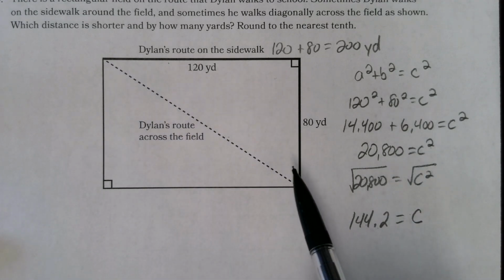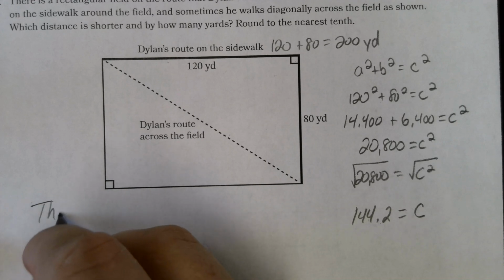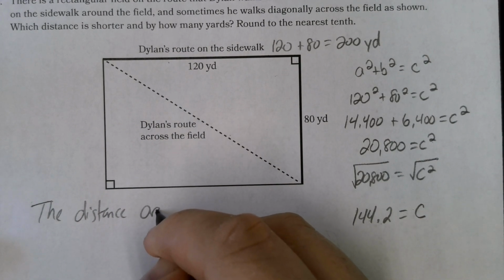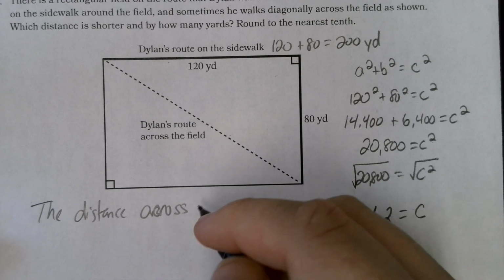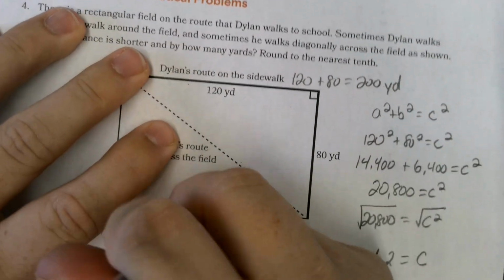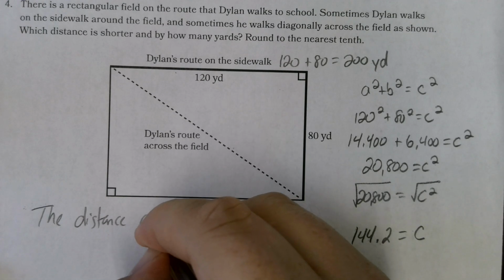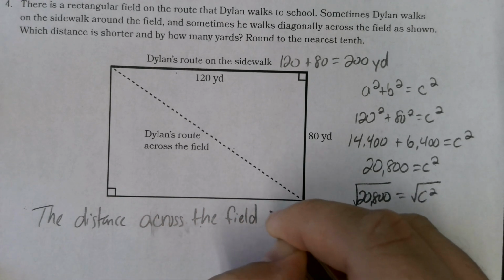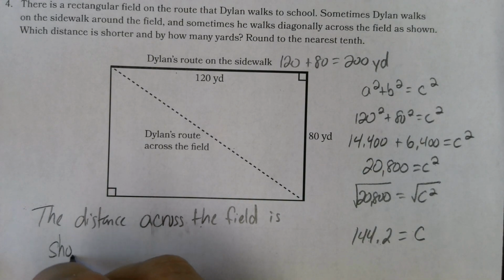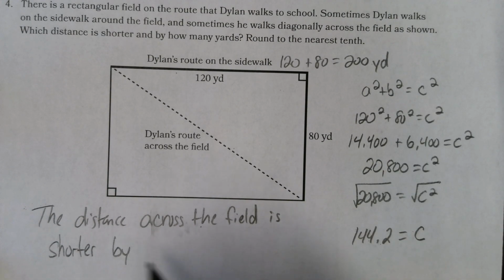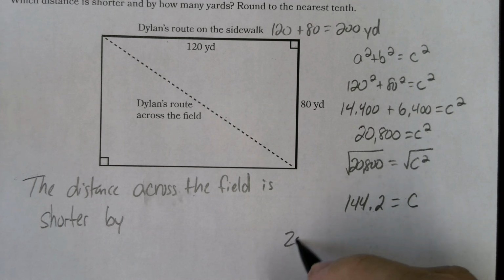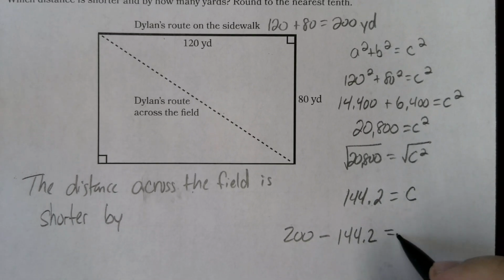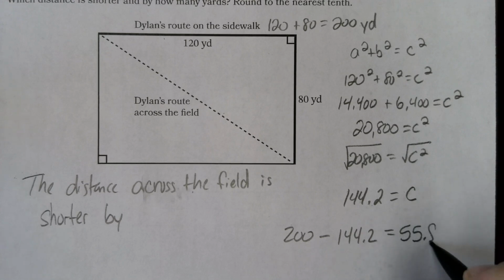Well, which distance is shorter? The distance across the field is shorter by, well, we're going to take 200 minus 144.2, and that's going to give us an answer of 55.8.